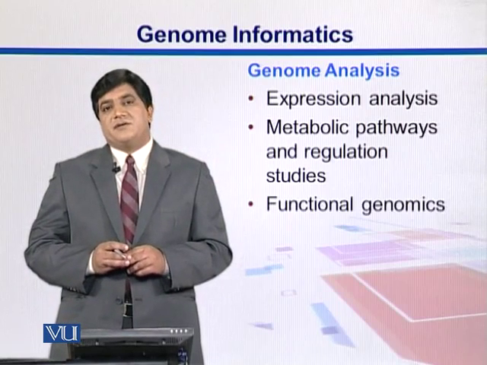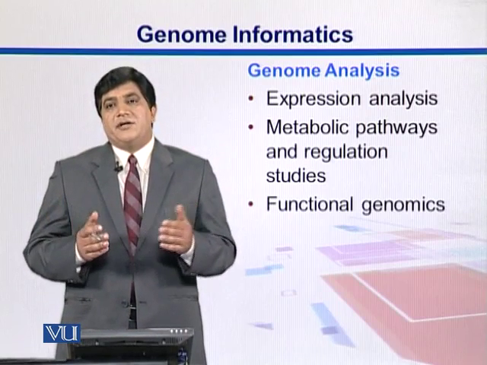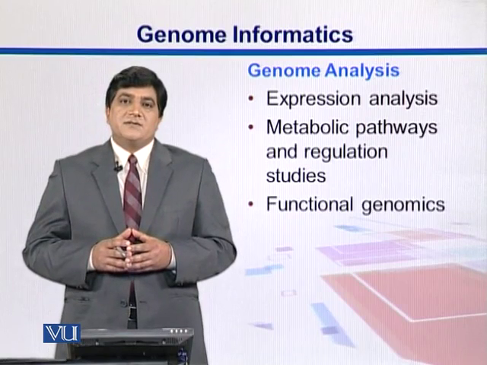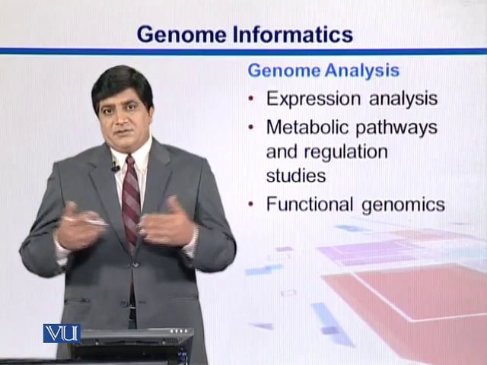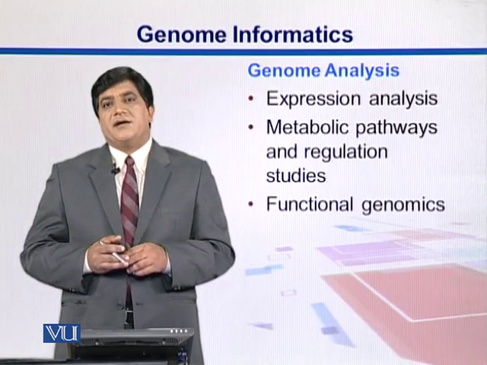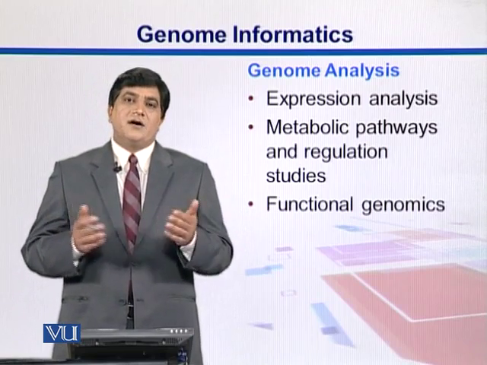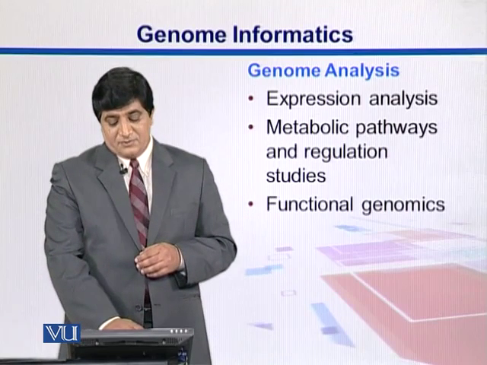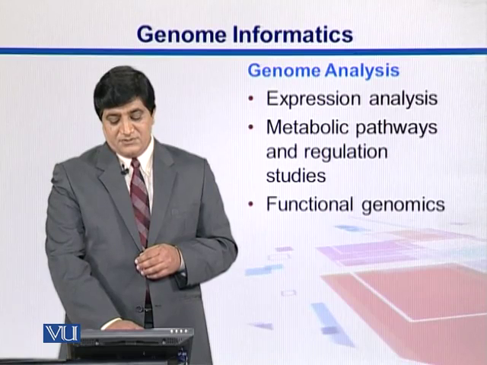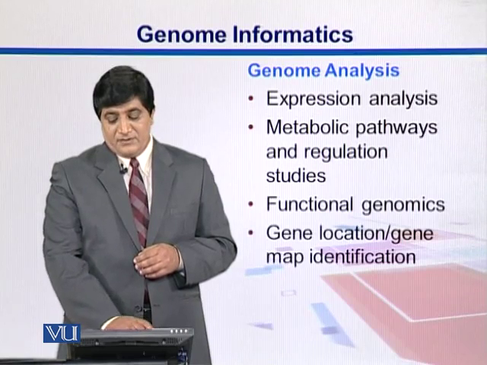Functional genomics is where we are actually looking into the different functions performed by different regions of the genome, under the control of different genes, and what is the effect of changes in those genes. Specifically, if we want to study the genes related to diseases.